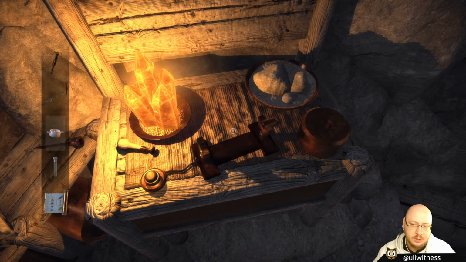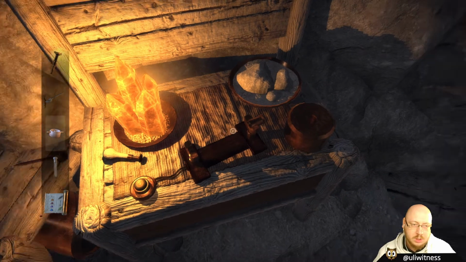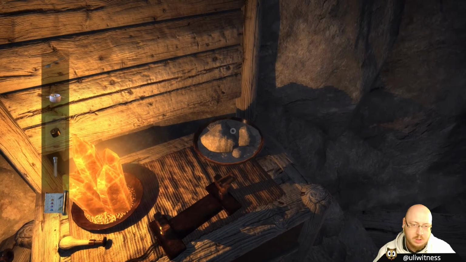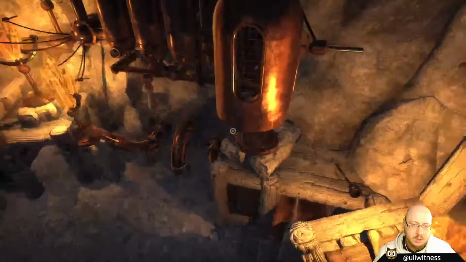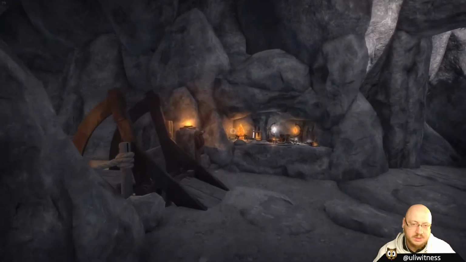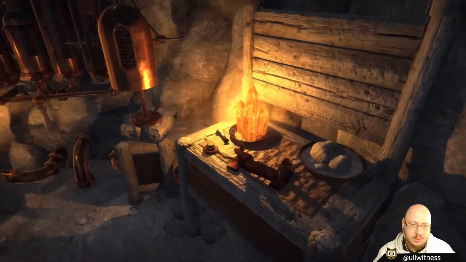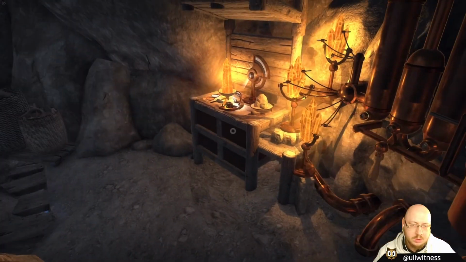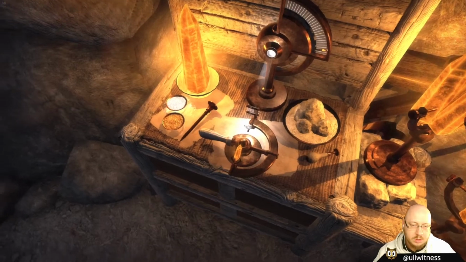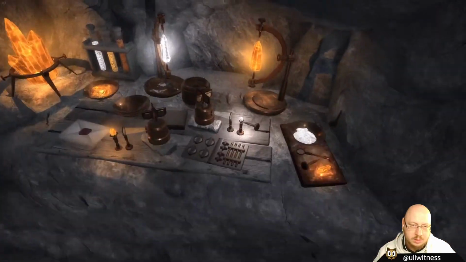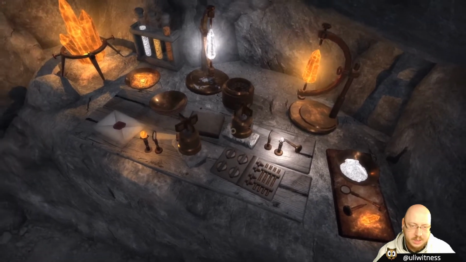I think that goes in the smelting pot. And maybe we can use that to build the other half.